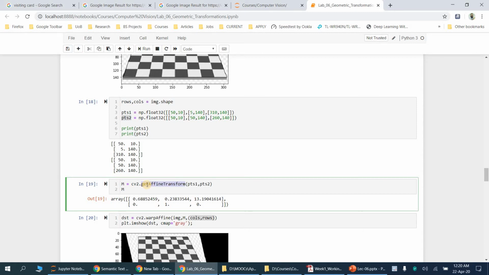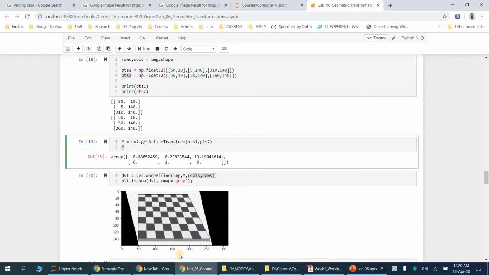So I will use cv2.getAffineTransform and it will give me this matrix M. Just use it and it will create a small matrix for you. The matrix, if you remember, will be a 2 by 3 matrix. Okay, and it gives me this result.